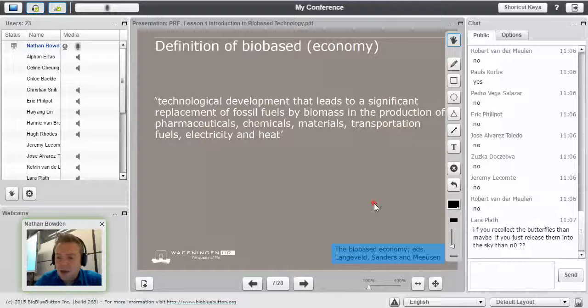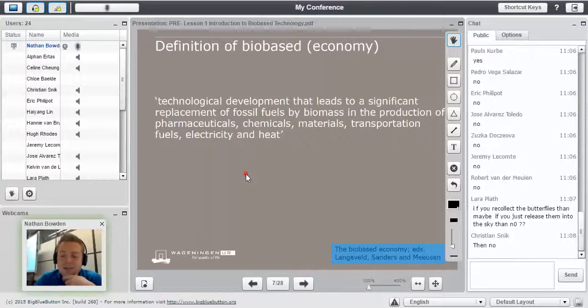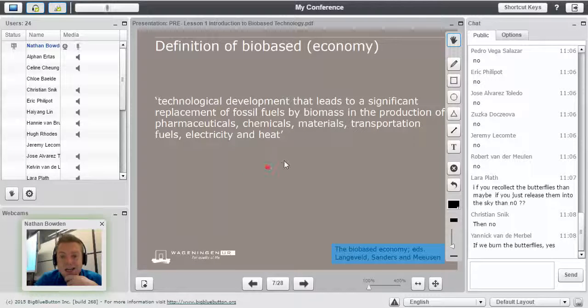So Lara says, if you collect the butterflies again, if you just release them into the sky, then no. Well, here's the thing. It's a replacement of fossil fuels. So do the butterflies replace the fossil fuels in any way? Normally there would be rice, if it's a wedding, so no. It is a biomass.